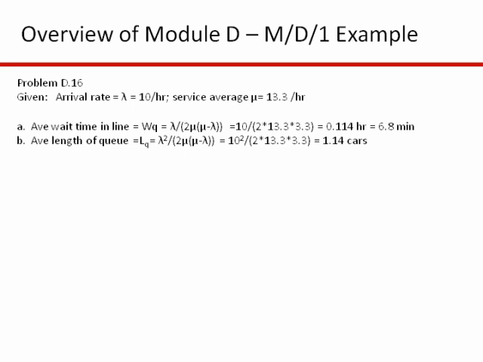All right. So again, by using these formulas and calculating these various performance measures, you can determine if you need more servers. For instance, if the average length of the line or the average wait time is excessively long, you can add more servers or figure out how to increase your service rate or do something so that people don't wait in line.